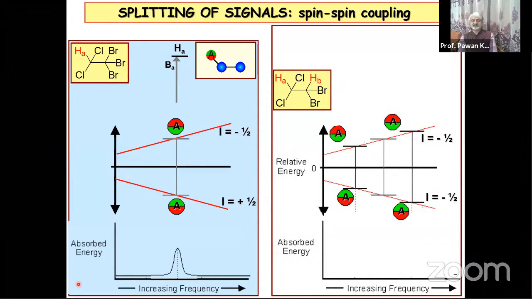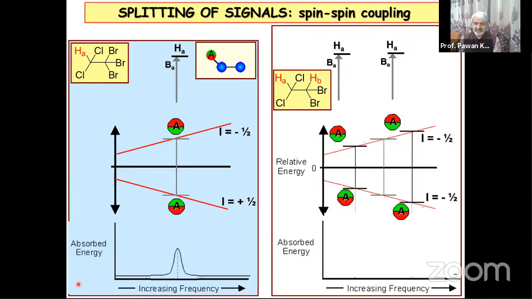The hydrogen B's field would also impact the energy levels of A. A is aligned, A is opposed, but hydrogen B has a small magnetic field, and this can either be aligned or against the external magnetic field.